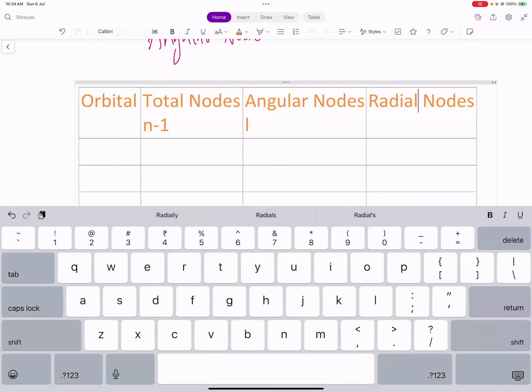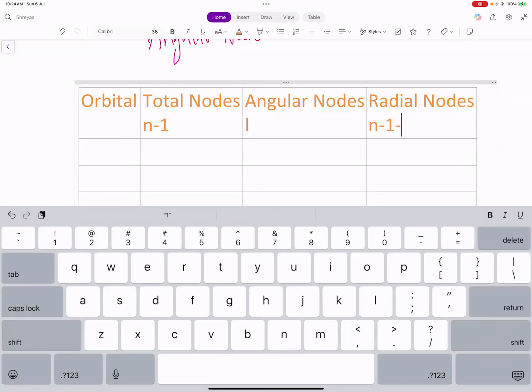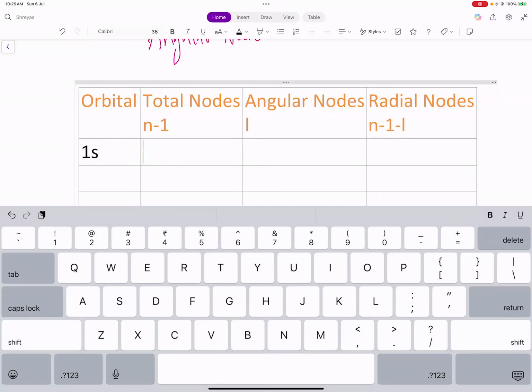This is L, and radial nodes is given by n minus 1 minus L. You can also write n minus L minus 1. So now we start with 1s. This is 0. 2s, this is 1.